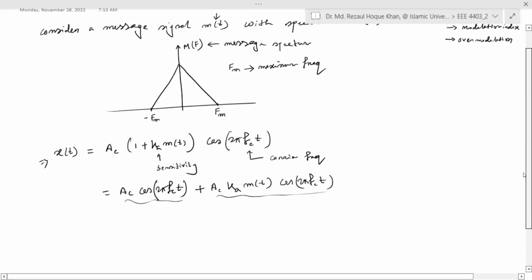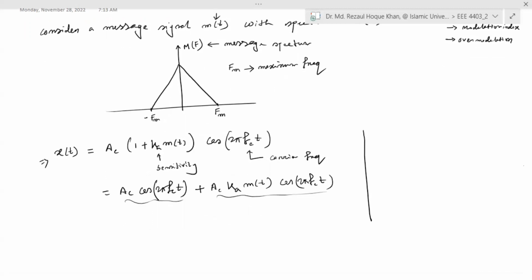Here we can write this cos 2 pi f_c t in the complex form. Probably you know from Euler's equation how we express a complex signal. For example, this is the real part and this is the imaginary part of a signal, and e to the power j theta is a complex signal. This is the angle theta.